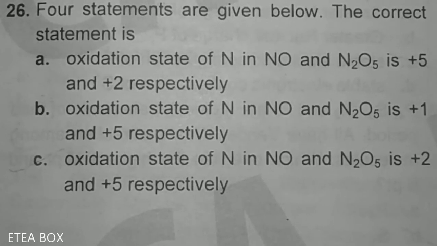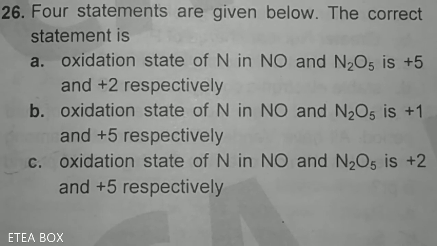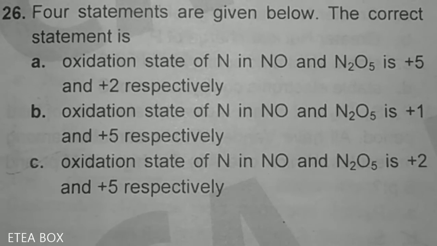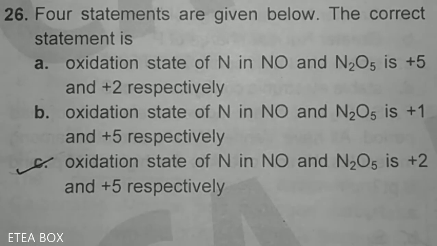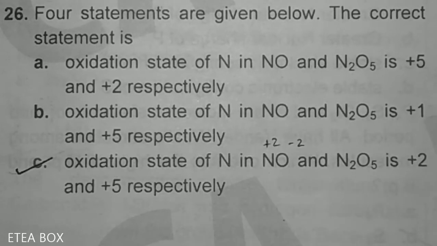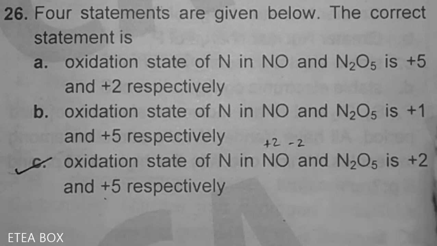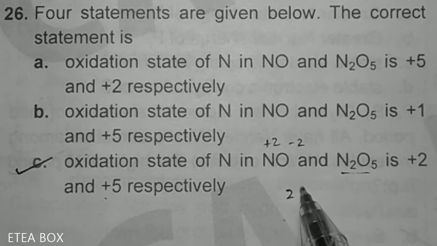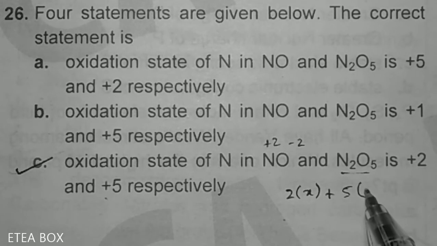4 statements are given below. The correct statement is, now look, we have to find the oxidation state of nitrogen in NO and N2O5. Look at the C option, this one is correct. Okay, here in this case N is +2 and oxygen is -2. Oxidation state of N is +2 and +5. Now we have to find the oxidation state of this N in N2O5. Look, 2x plus 5 times oxygen, and we know that oxygen is -2, equal to 0.